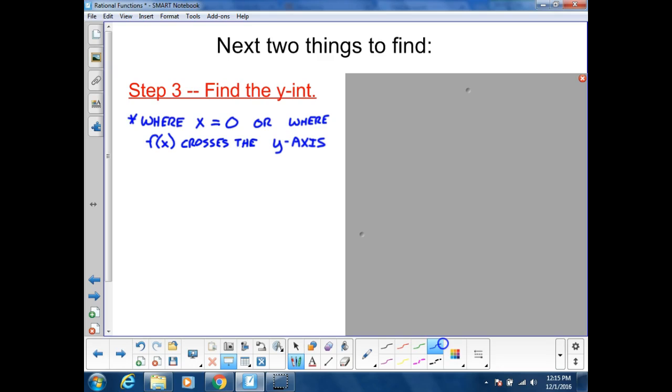Now, remember, we're dealing with functions, rational functions. So how many y-intercepts can there be? One or none. Because it's a function, my vertical line test says I can only cross my y-axis once. So there can only be one or none.